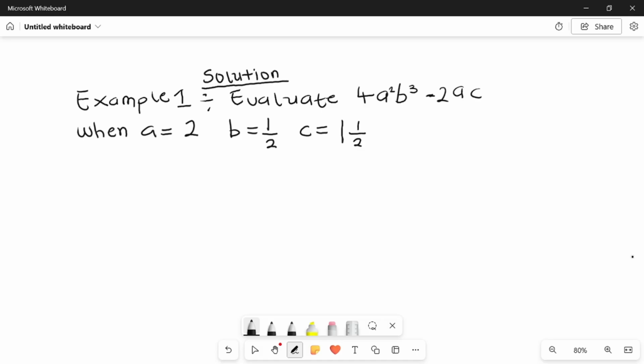So the first thing we'll do is substitute in the values of a, b and c.